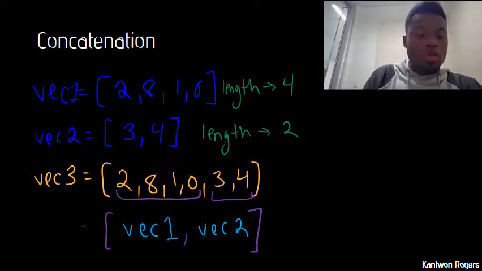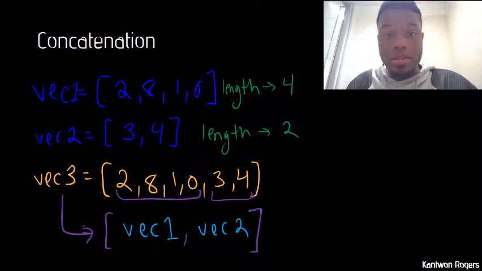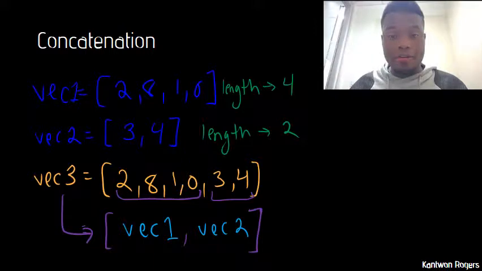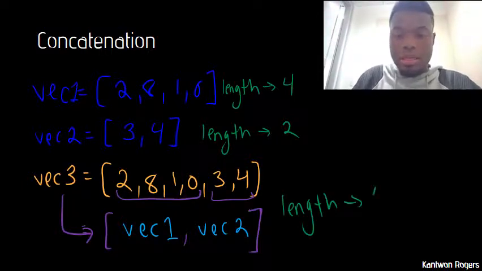So this is also another way of creating this same exact vector. Instead of directly entering the values, we're now concatenating together variables that contain vectors in order to create a larger vector. And lastly, the length of vec3 is 6 because there's 6 numbers inside of there.